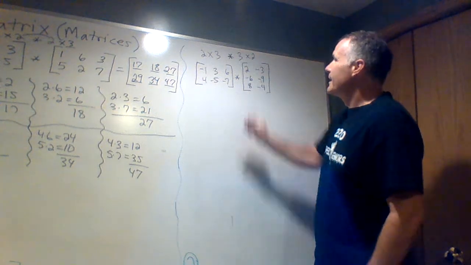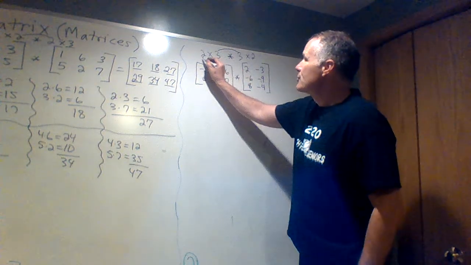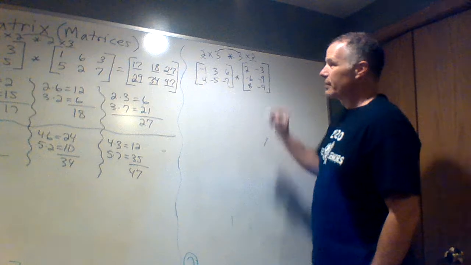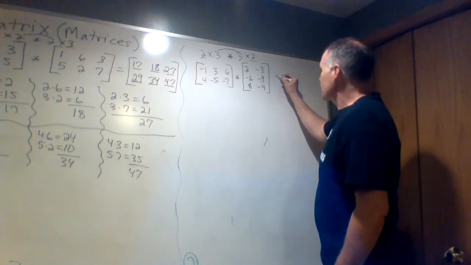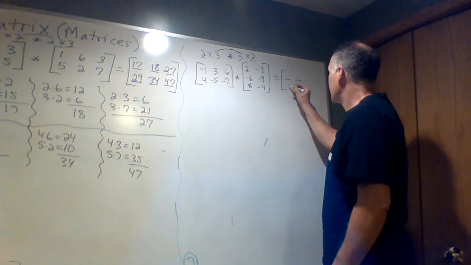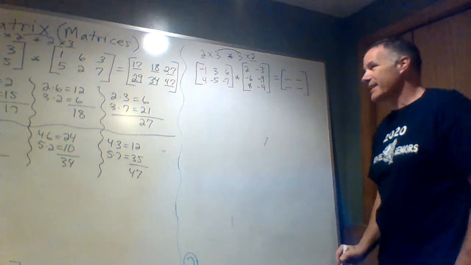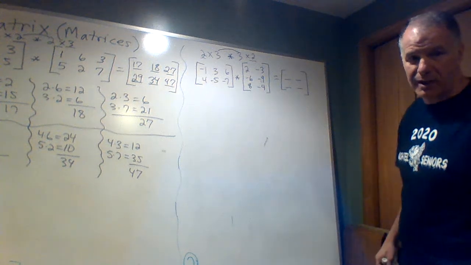So again, the middle numbers match. They're both 3s. And then the 2 outside numbers are my answer. So actually, this is going to be just a 2 by 2 answer matrix. The answer is going to be smaller than that first one.